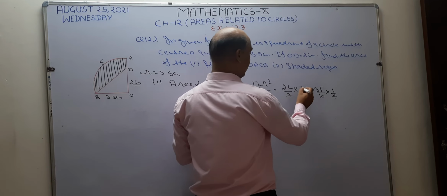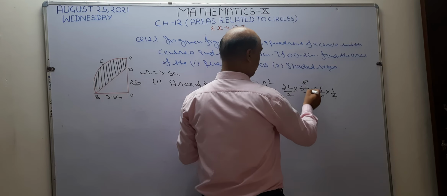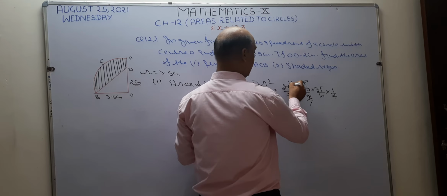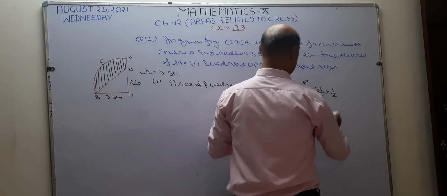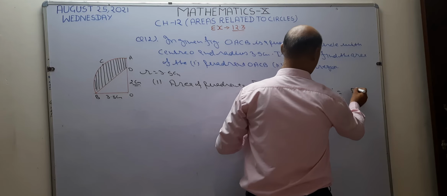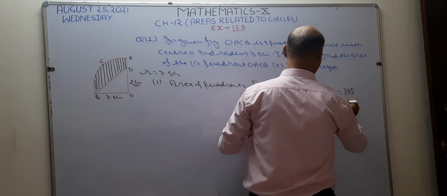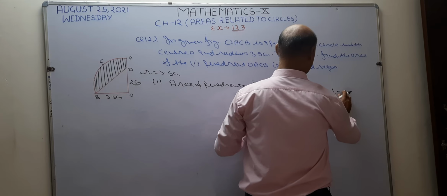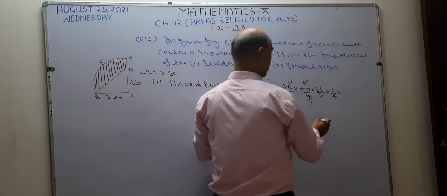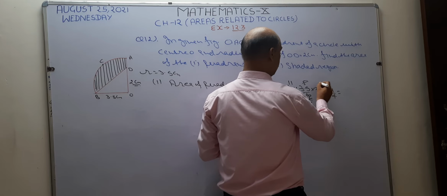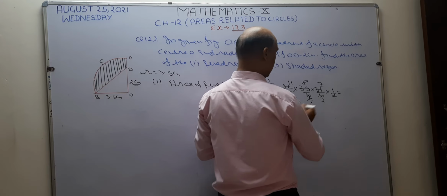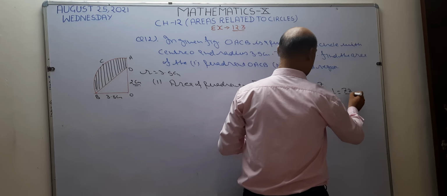Now 7 fives are 35, 5 twos are 10. Something more is going to cancel. See, 5 twos are 10, 5 sevens are 35. Now this becomes 77 by 8.